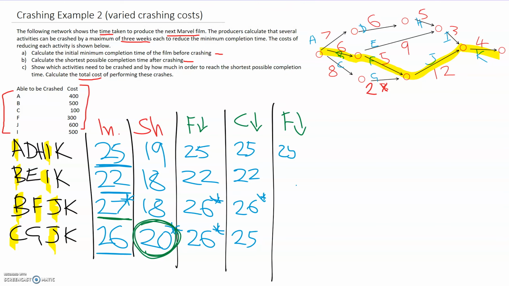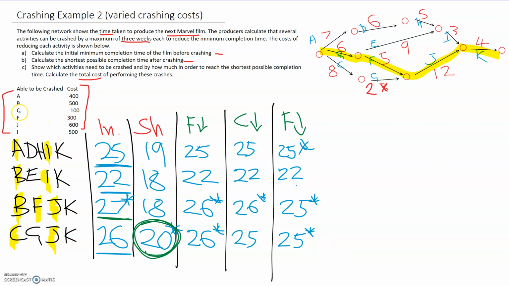25, 22, 25, and 25. Okay, 3 critical paths. So out of all of these, A, I, B, F, J, and C can all be crashed.